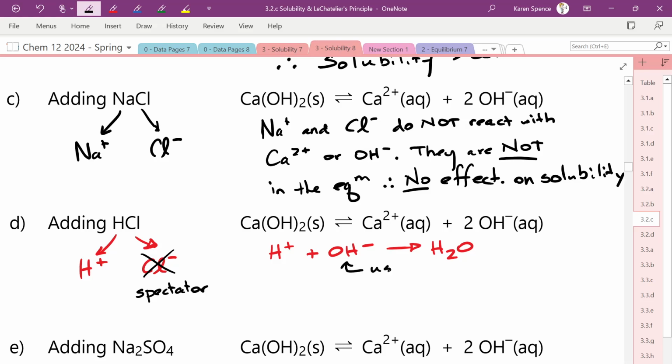Right, because it's a reactant, we're using it up and turning it into water. And just in case you're having difficulty visualizing that, if this is hydrogen and this is hydroxide, and they get together, how much hydroxide do I have left? None. So if I react the hydrogen with the hydroxide, the ion concentration will decrease.